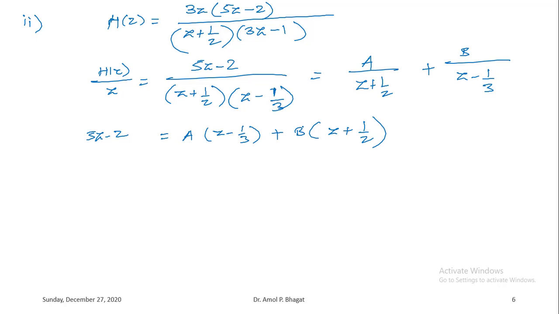Okay, so here the z minus 1 by 3 will get cancelled, while when multiplying with the other term, z plus 1 by 2 will get cancelled, correct? So for finding the value of A, put z equal to minus 1 by 2 in the above equation, right?